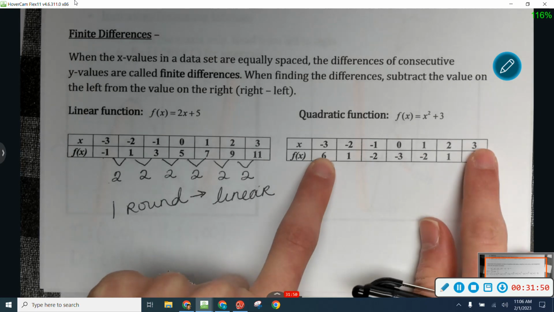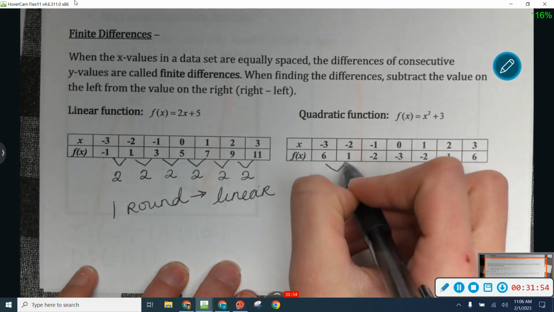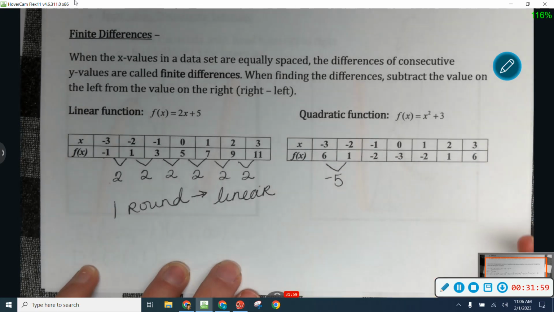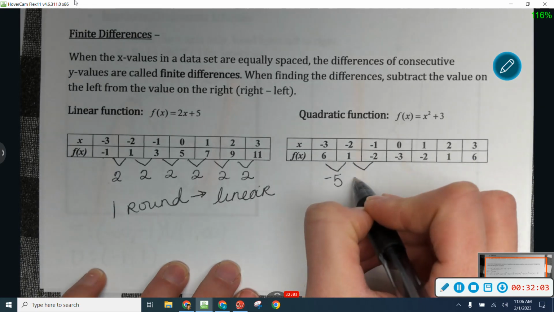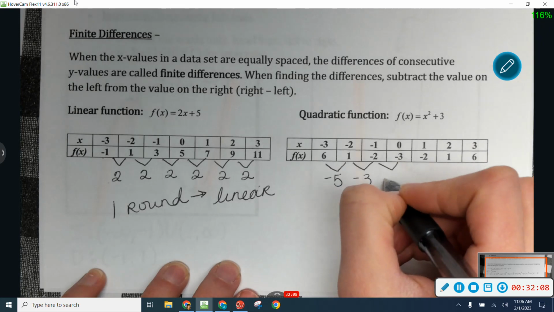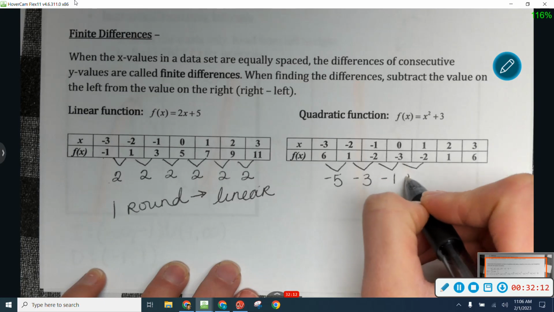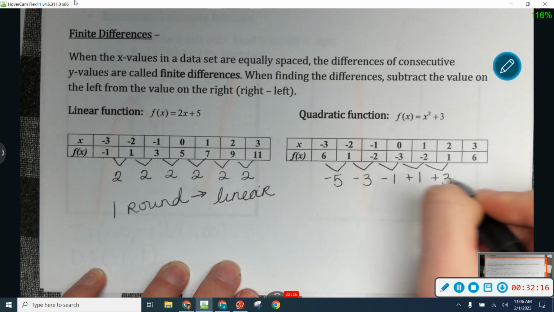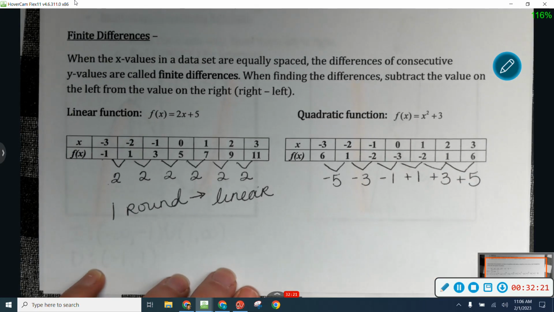My x's are good. So my y's, if I'm going from 6 to 1, I'm subtracting 5. From 1 to -2, I'm subtracting, from -2 to -3, -3 to -2, plus 1, -2 to 1, 1 to 6. It's definitely not the same.